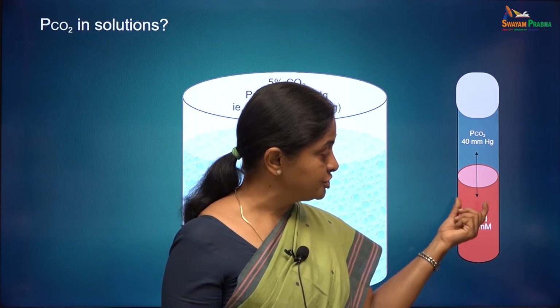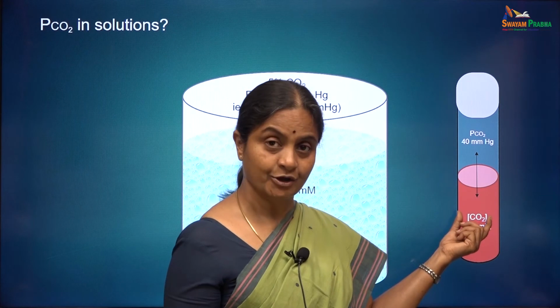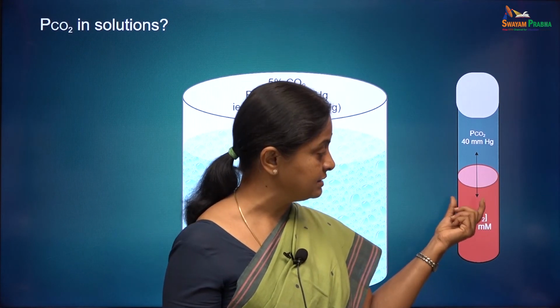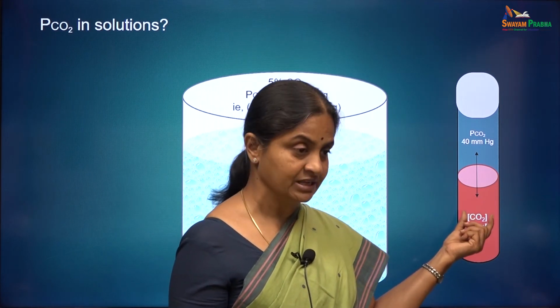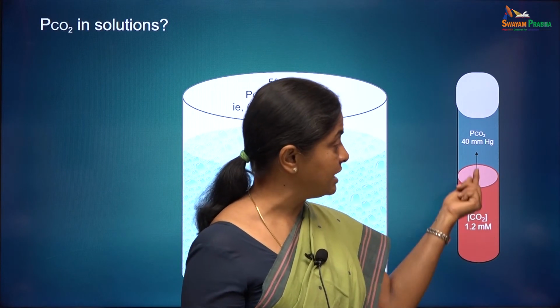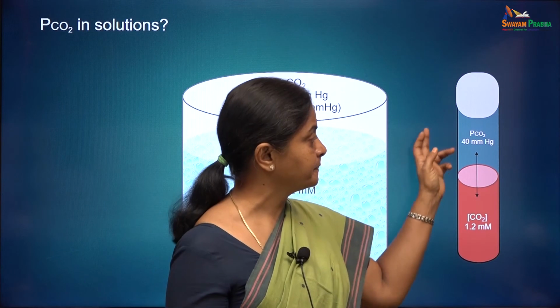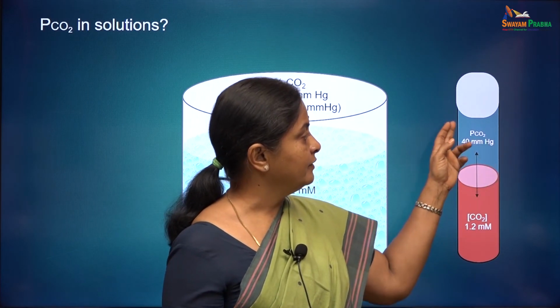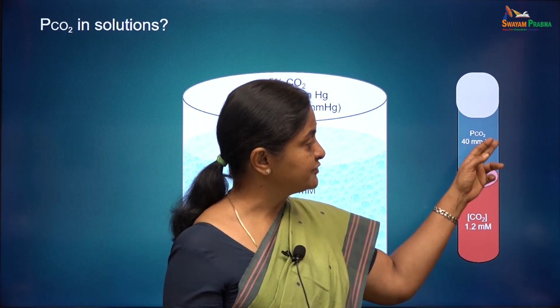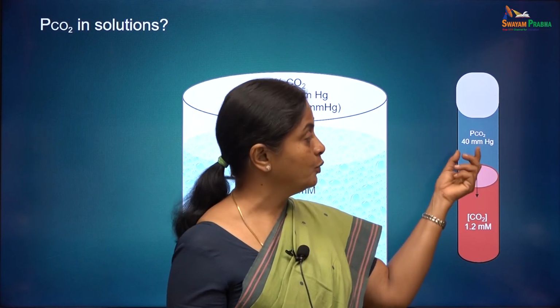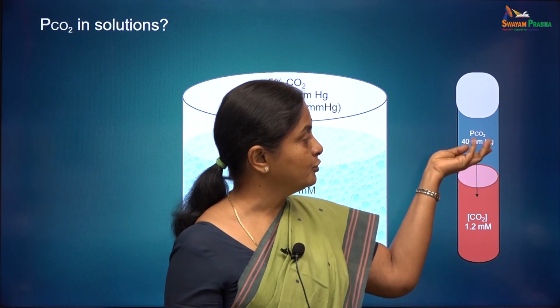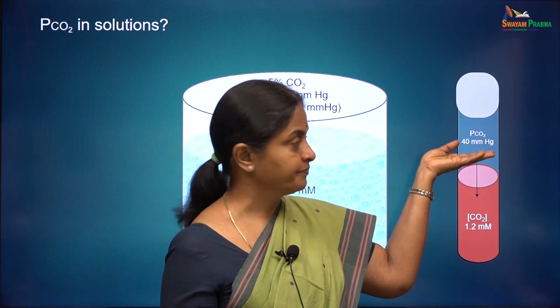The concentration of the gases, either carbon dioxide or oxygen, in that sample of blood or liquid is such that when it is allowed to evolve into a small space and equilibrate, that atmosphere above the sample of blood will develop those partial pressures.